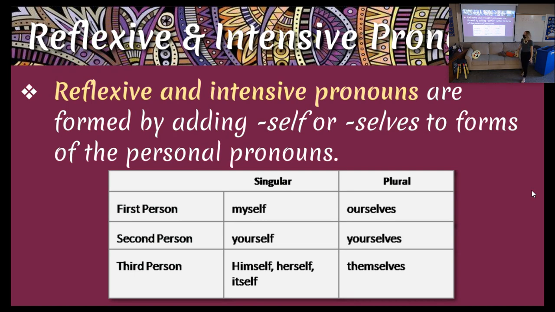So you wouldn't just say, "Myself went to the store." Okay, that doesn't sound right. You could say, "I went to the store by myself," because then the myself is reflecting back on the I. Does that make sense?